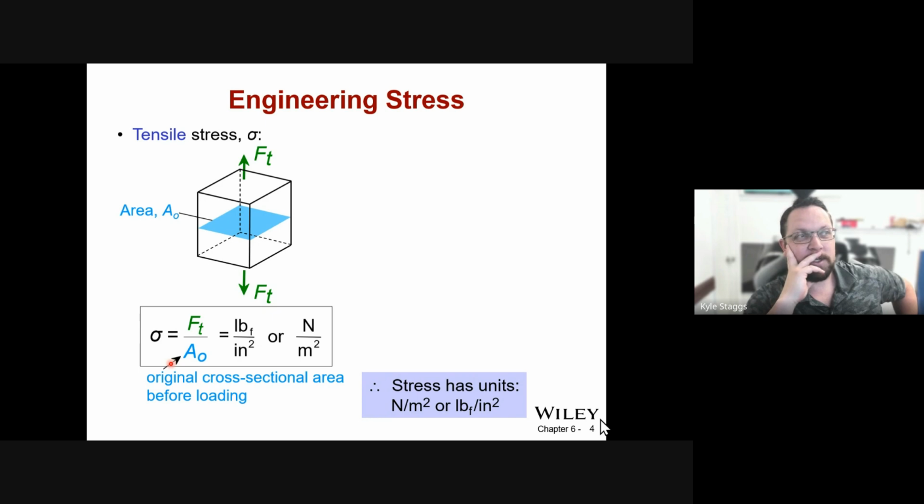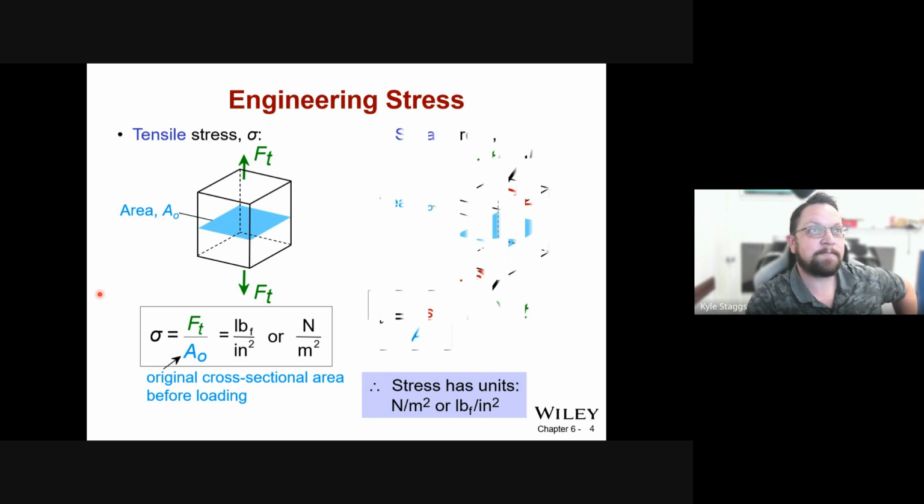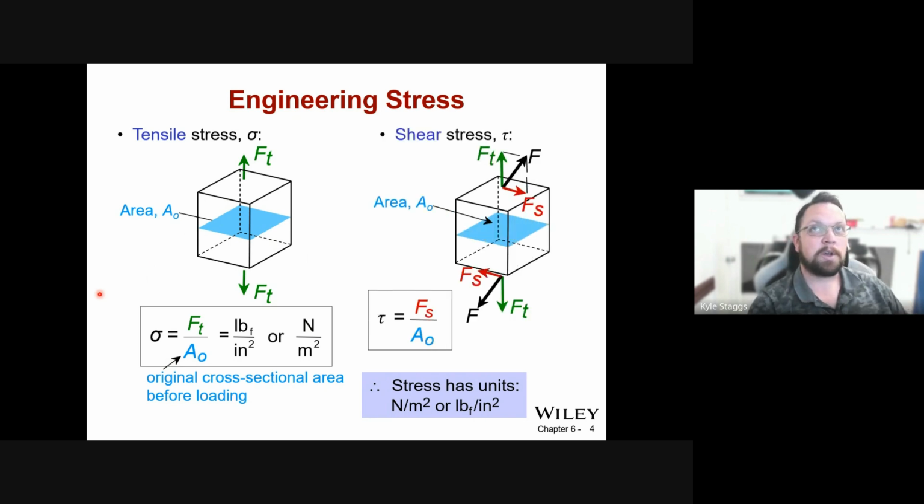So what has to change? The area has to change. So the area gets smaller and you have a stress that's created.